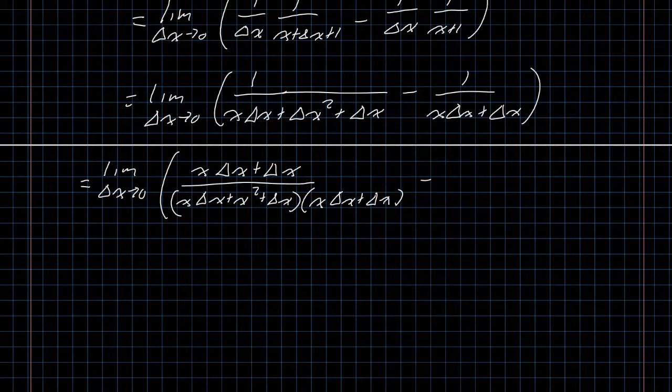And we'll multiply the second fraction top and bottom by x delta x plus delta x squared plus delta x.